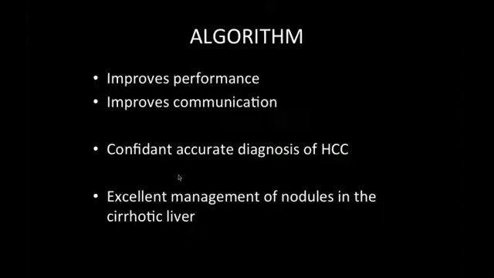The algorithm, in summary, I believe really improves our performance as imagers for the evaluation of all of the nodules that can be seen in a cirrhotic liver, and it improves our communication as long as we educate all of our hepatologists and clinicians about the system that we're using. It allows for a confident and accurate diagnosis of hepatocellular carcinoma and provides for excellent management of nodules in a cirrhotic liver.